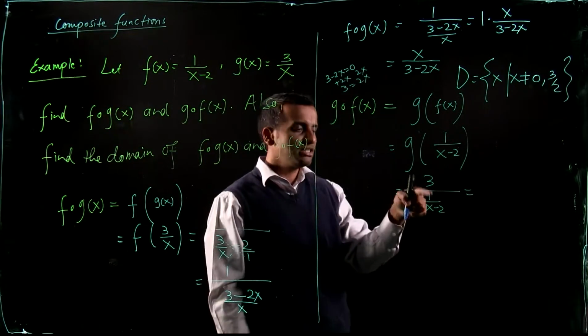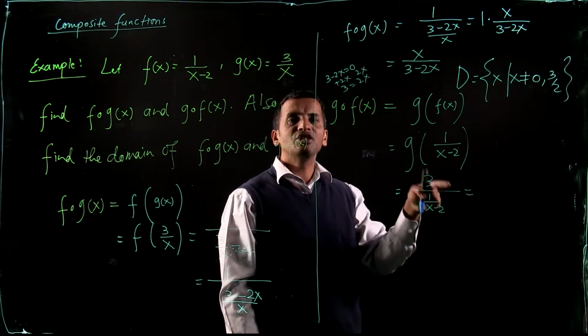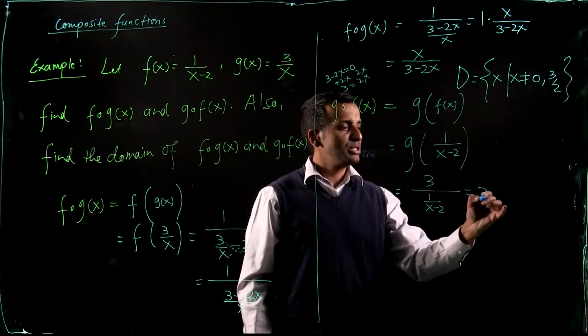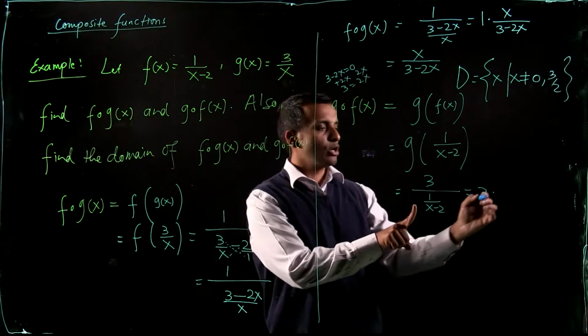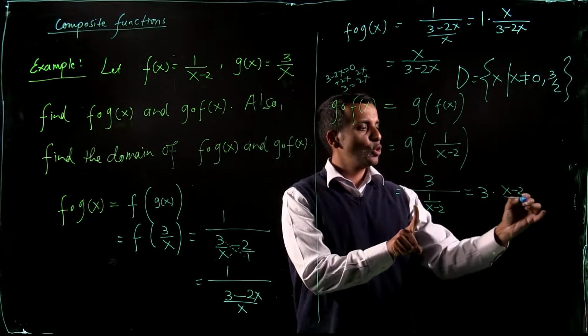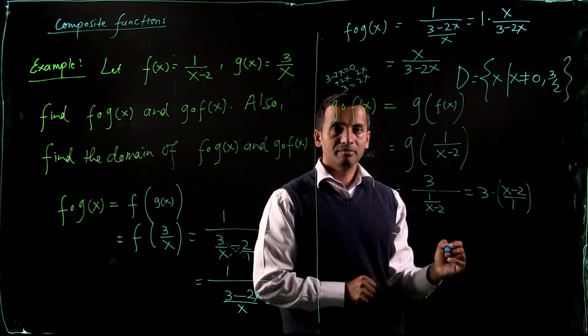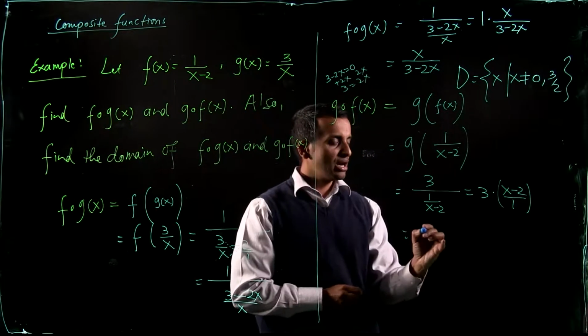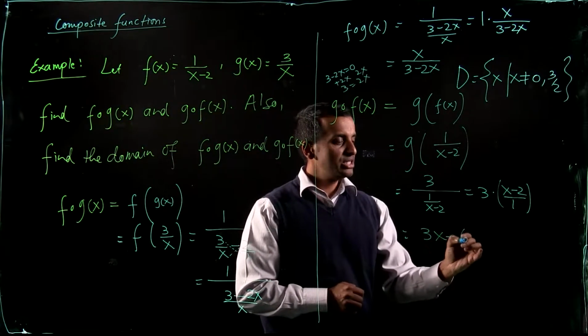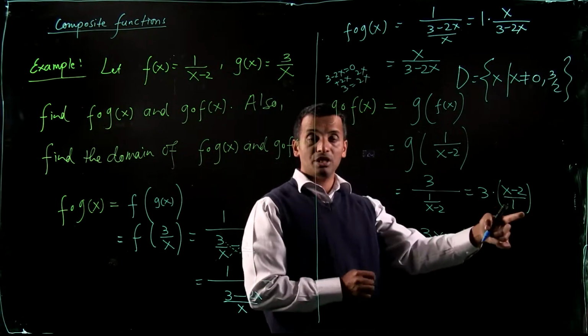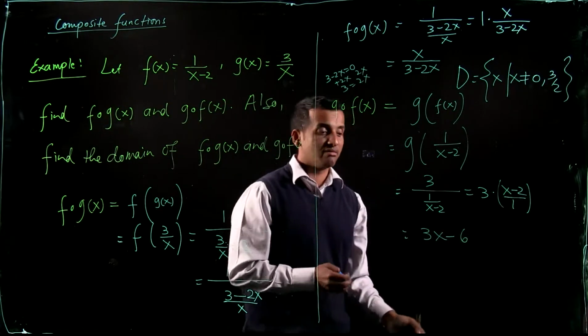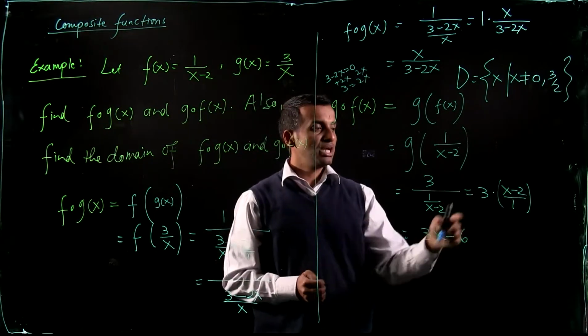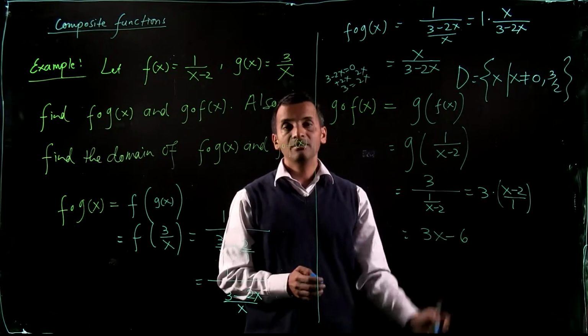Okay, so again there is a fraction of the fraction. If you want to write a single fraction for this, what you do is 3 times the reciprocal of the bottom. It is x minus 2 over 1. That's what you write. Okay, so what do you get? You got 3x minus 6. There is 1 in the denominator, you don't have to write that, right? So 3 times x is 3x, and then 3 times negative 2 is negative 6.